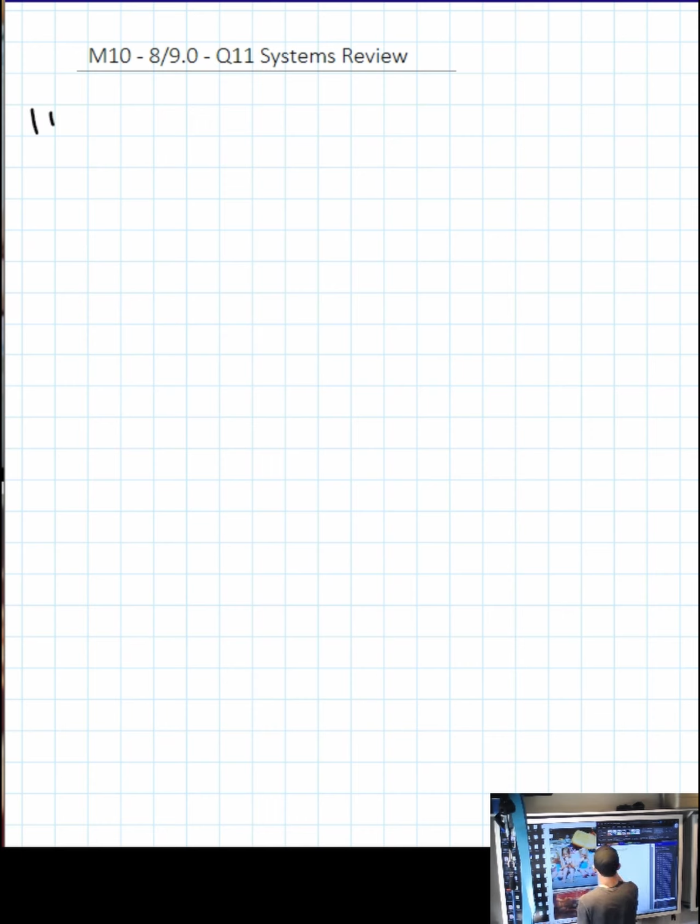Okay, question number 11. So, one cell phone company charges $2 per gigabyte. So let's let G equal number of gigabytes. Another company charges $20 per month plus $50 per gigabyte.